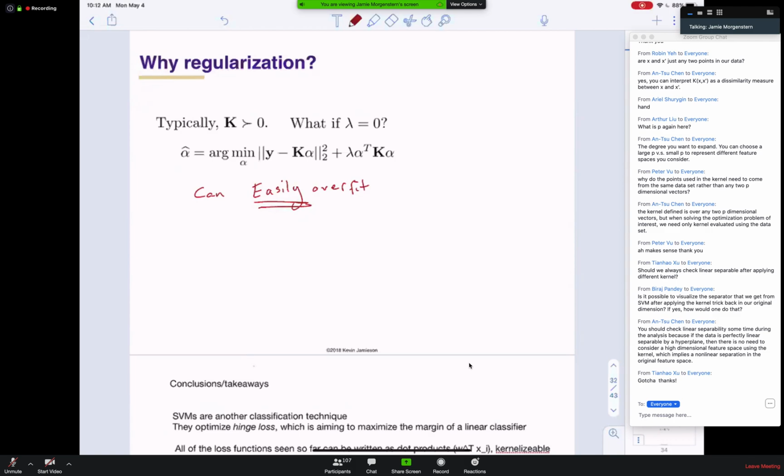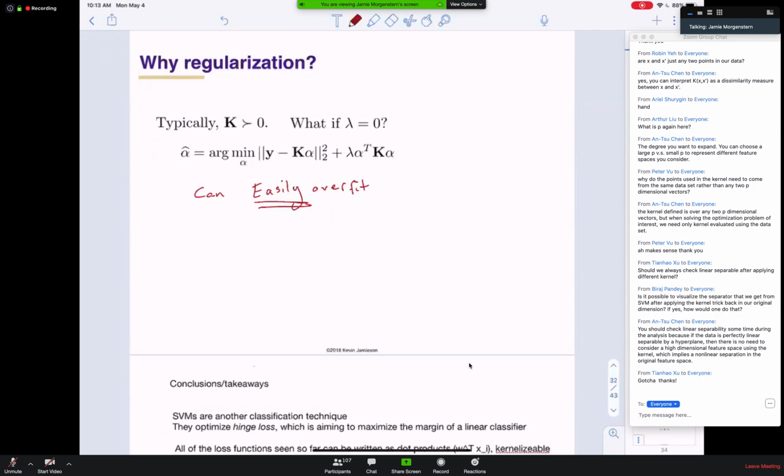But for many kernels, it's going to be really easy to overfit our data, much easier than finding a linear function in d dimensions. And the intuition behind that is that our kernel is doing something. If it's a useful kernel, it's usually doing some computation that represents dot products in high-dimensional space.